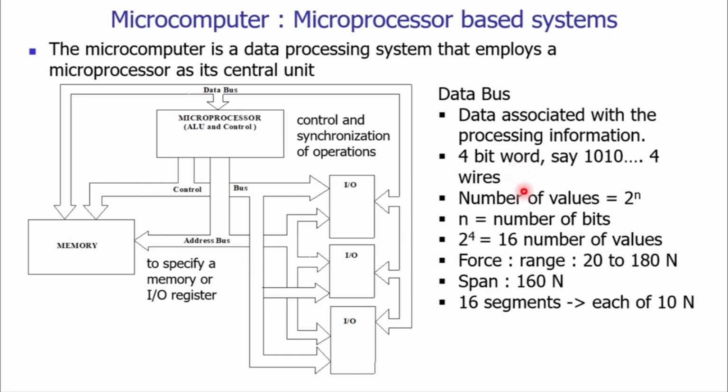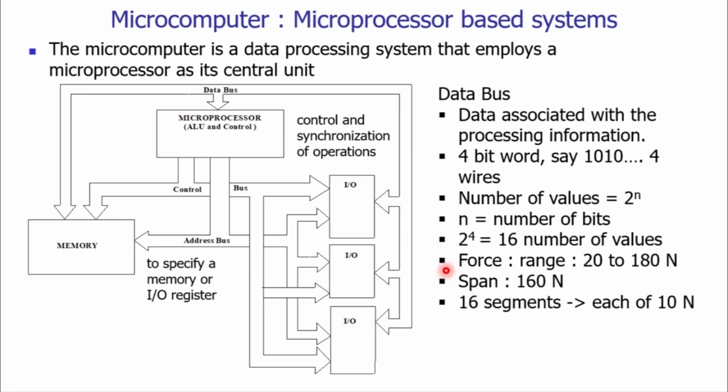If we are saying that there is a word length of 4 bits, consider a word of 1010, that means we require 4 parallel wires to be laid down to communicate this word 1010. So the number of values which are possible by using this 4-bit data bus is 2 raised to power 4, that is, 16 values can be handled by this data bus.